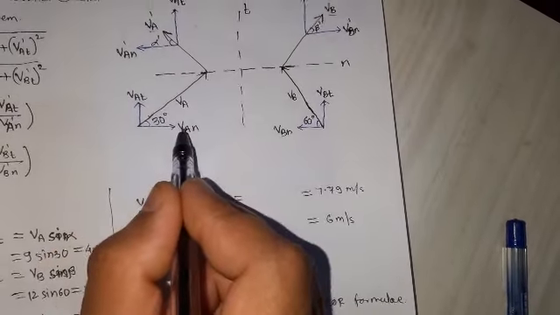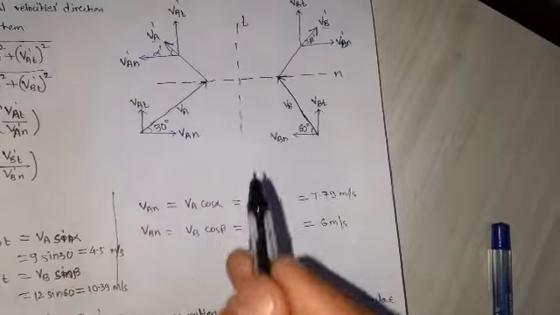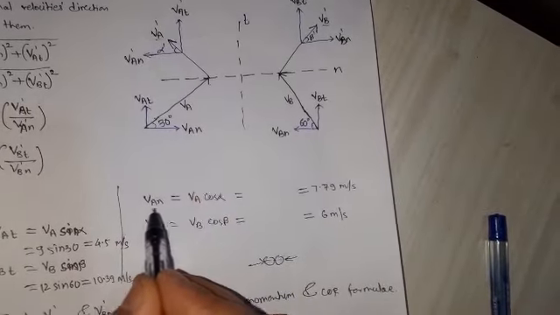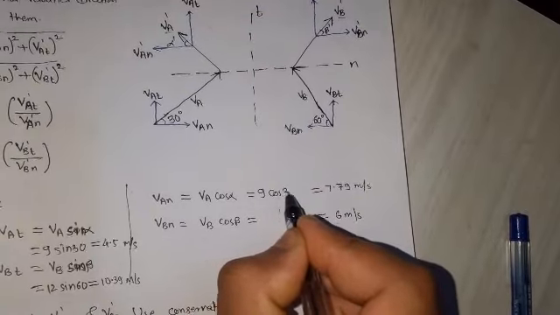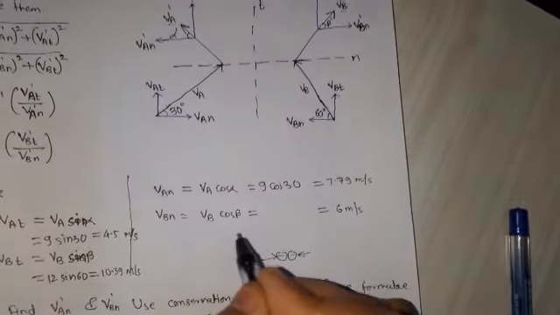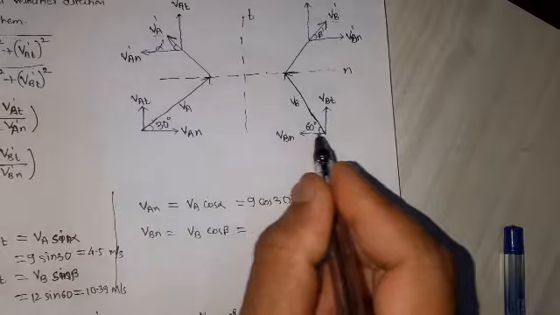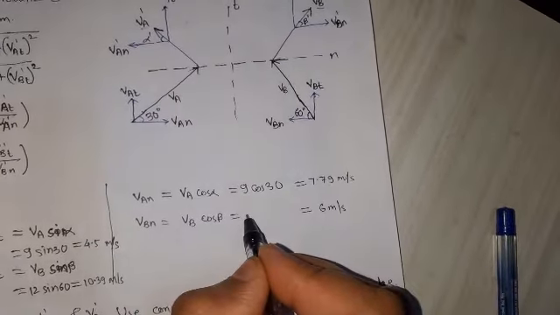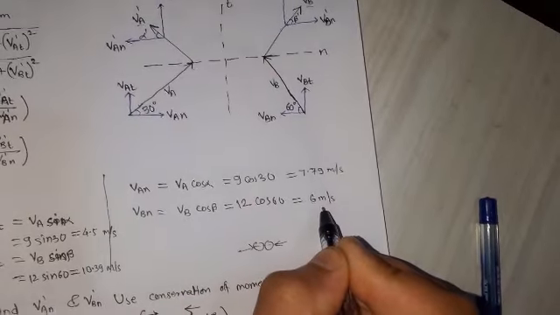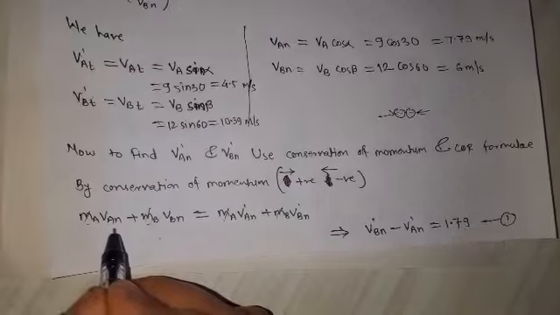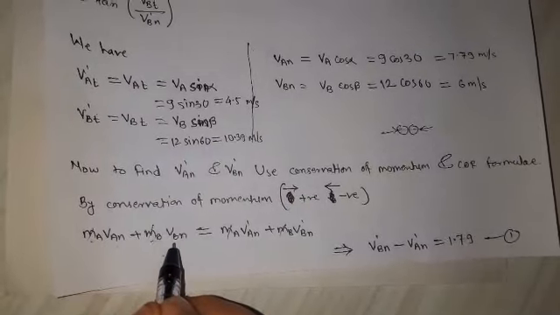Va cos 30 will give me the initial velocity in n direction, so van is equal to 9 cos 30, which is 7.79. And the n direction velocity of ball B is 12 cos 60, which is 6 meters per second. So we got the initial velocities in n direction of both balls, van and vbn.